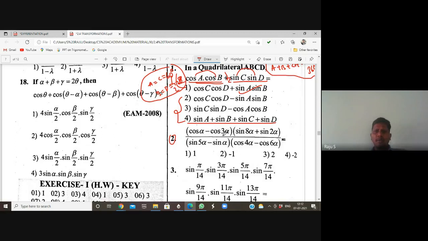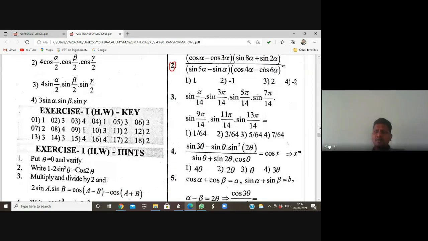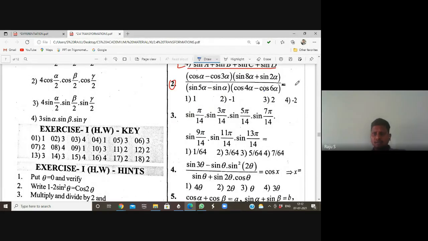Second one. Why don't you apply directly the cos C minus cos D formula here in the second one? Sir, we can take alpha similarly. Yes, alpha as? If we take 0, it will be easier, sir. Okay, your wish.